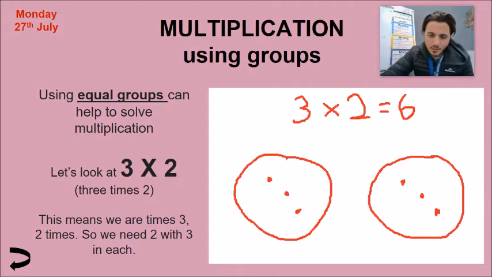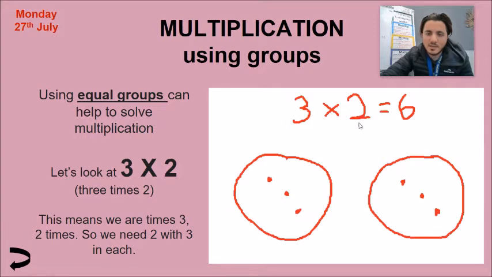I've done that using my circles and dots. I've got 3 dots in one group, and I want to multiply it by 2. I've already got one, and I want to multiply it by a second one. There's my 2. Now I've got 2 groups.